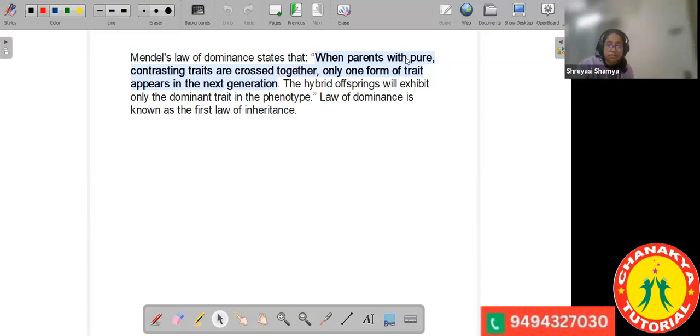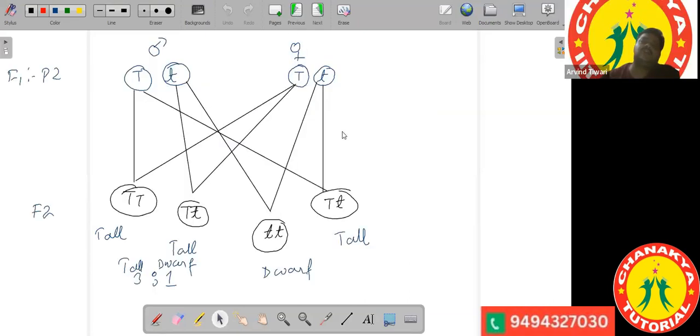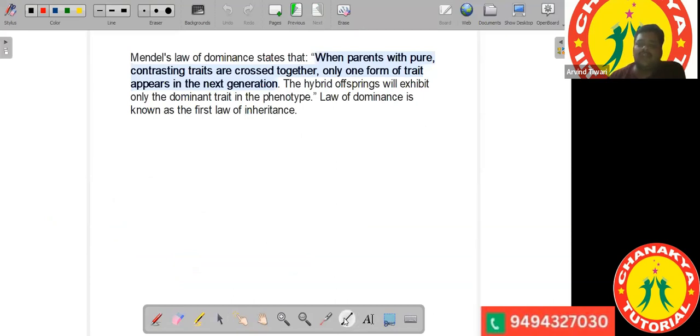Yes, sir. Now see, here we did the crossing at the last stage, something like this. The same thing can be done using Punnett squares. Using those Punnett squares also, we can show the formation of the zygotes.